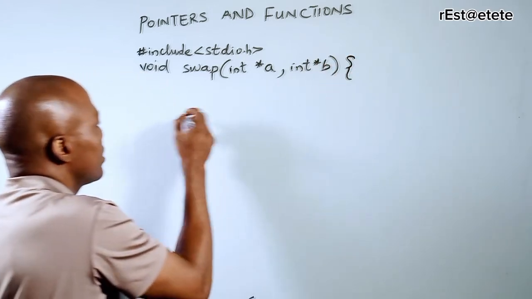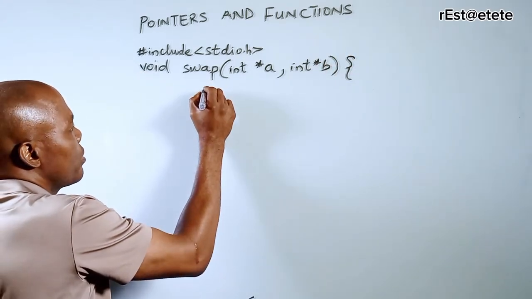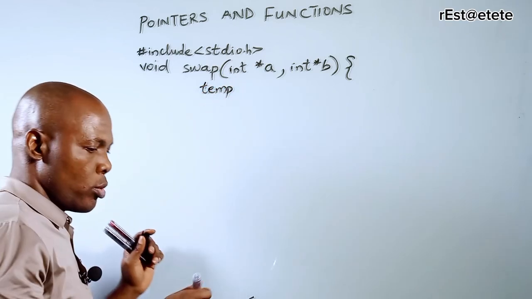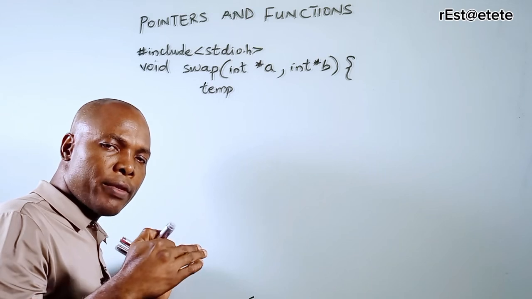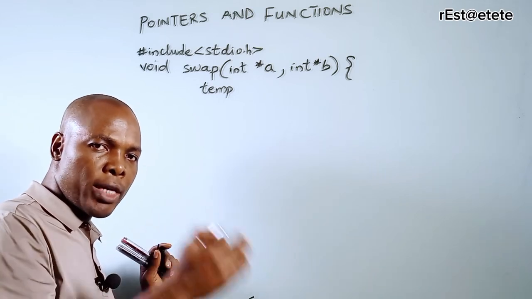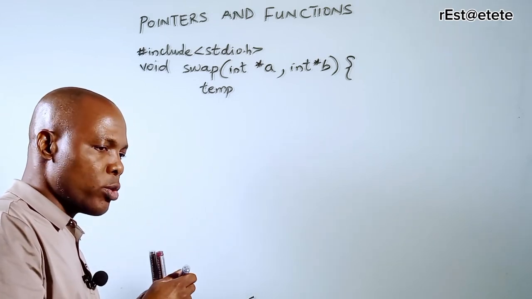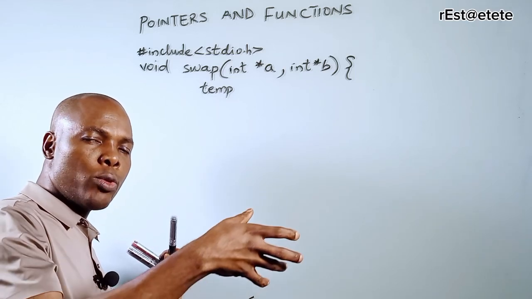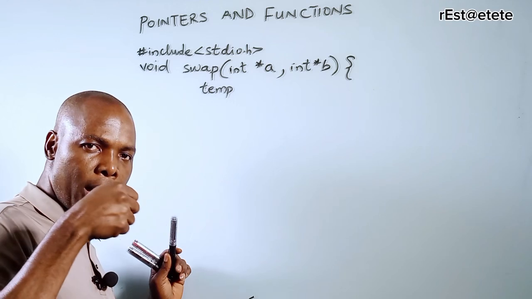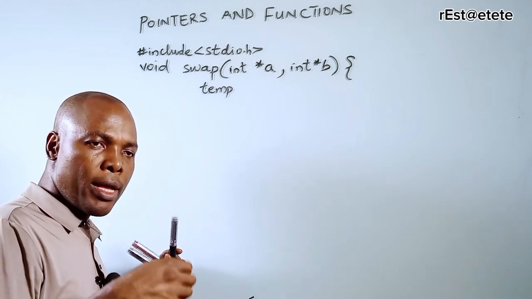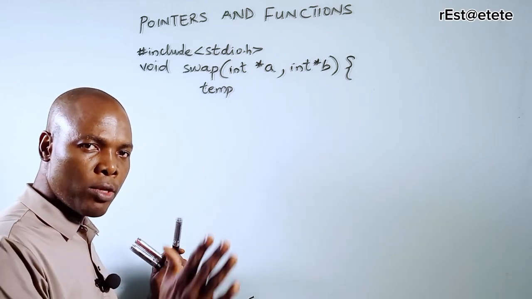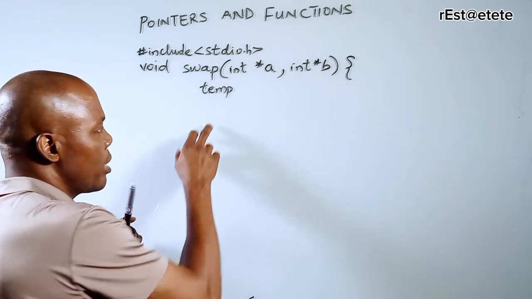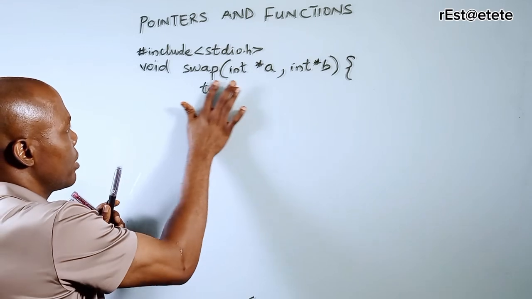To define it, inside this function, I will say temp. If the kids give their respective keys to the housemaster, the housemaster goes there, he will have a temporary basket that he will use to empty one of the lockers, then move the item from this locker to the other locker, and then move from the basket to the other locker. That basket is what you call temp.